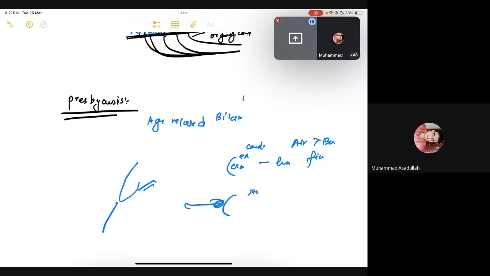What do we do in the Weber test? We put the struck tuning fork on the forehead, and we see lateralization of hearing to the affected ear. Why to the affected ear? If an ear is having conductive hearing loss, we are going to hear more sound on that side.